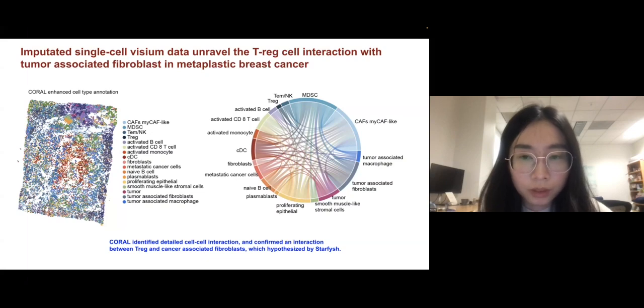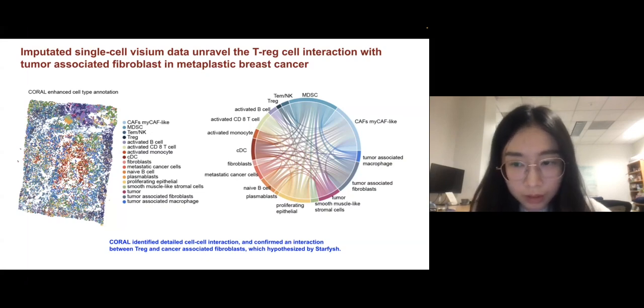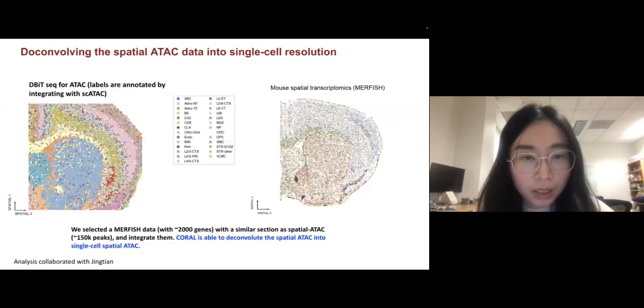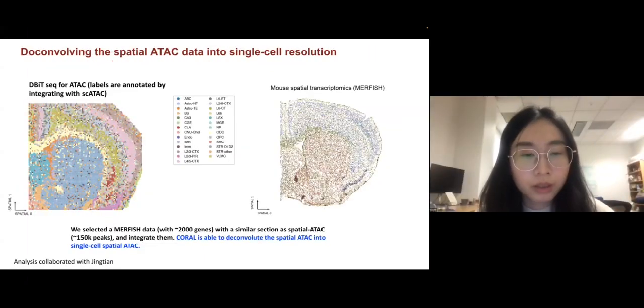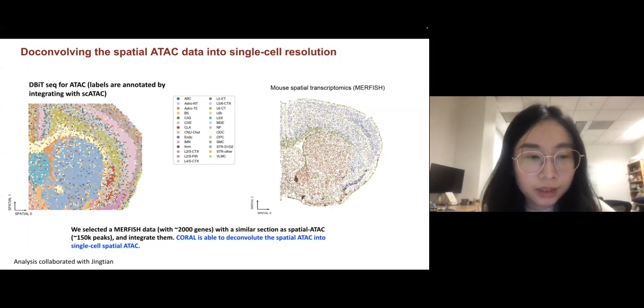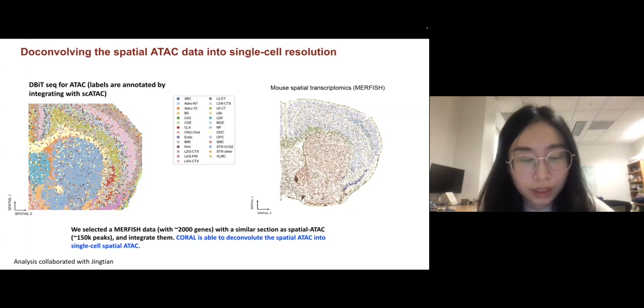And I think we just want to highlight that we mostly see the interaction of Tregs with the tumor. Then we want to show something that is probably the first try at how we deconvolve spatial ATAC data. Currently we don't have a single cell version of spatial ATAC, so can we use CORAL to achieve a single cell version of spatial ATAC?